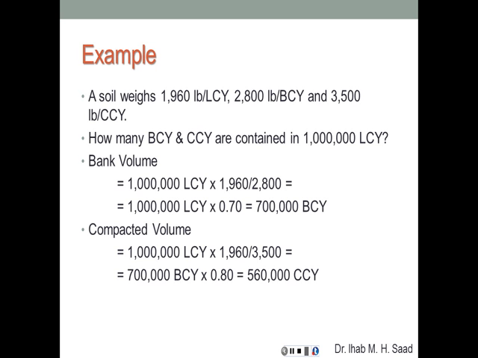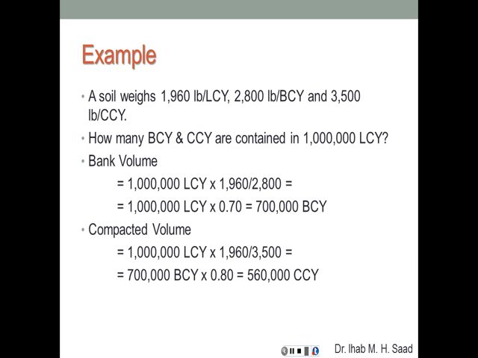Again, based on the equations that we just learned, to get the bank volume, we multiply the loose volume times the loose density divided by the bank density. And that gives us 700,000 bank cubic yards.